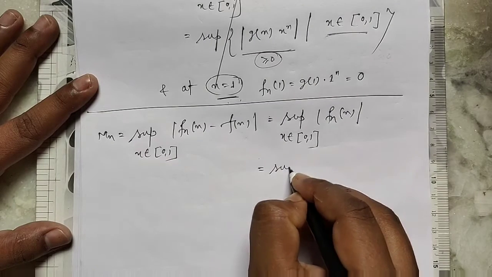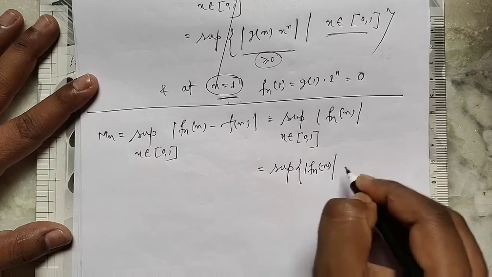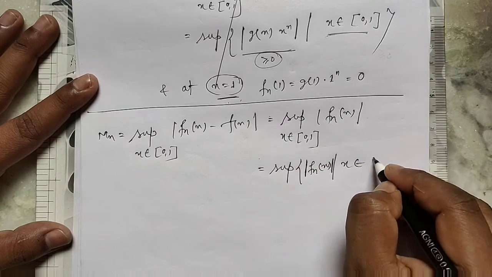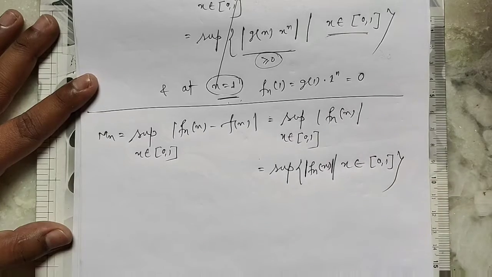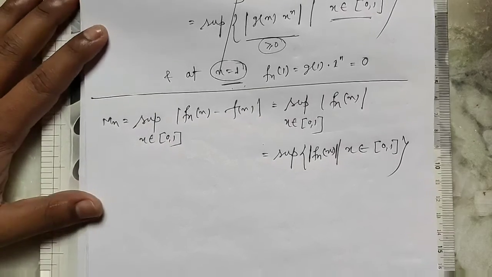This can also be written as supremum of mod of fn(x) such that x belongs to [0,1]. Clear?